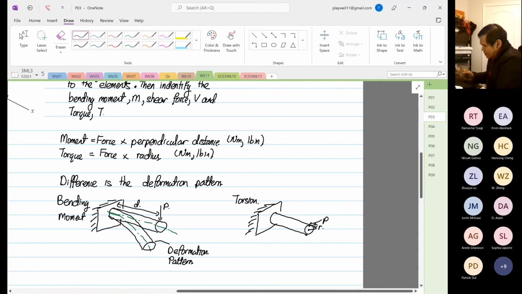So you can see that it's not on the same plane where you calculate the radius.